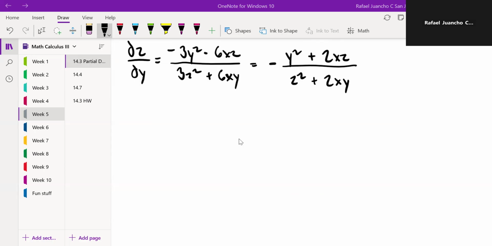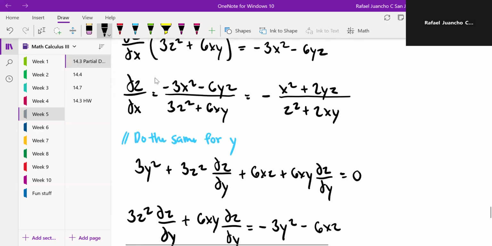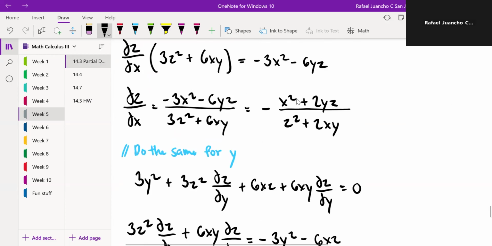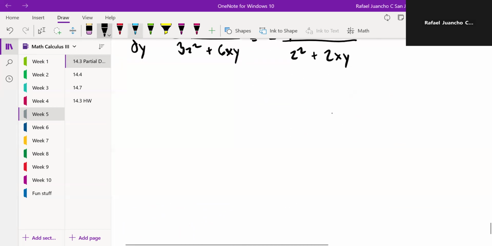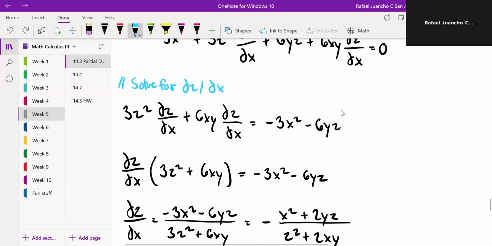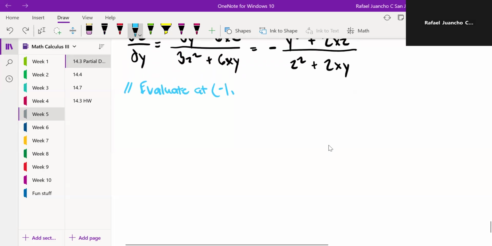So here we were able to define these two partials. So we just plug in the values of x, y, z in this case, and then we would get something out of it. So okay, let's try. Now let's evaluate at this specific point. Oh, I just looked at it a while ago and then I forgot it. Okay, so it's negative 1, 1 and 2.